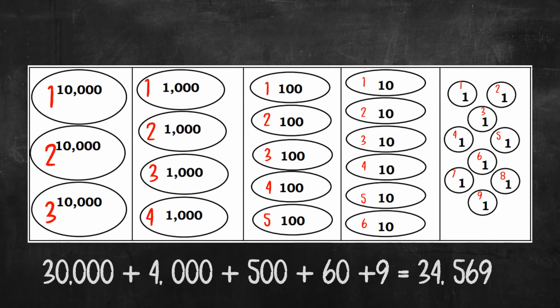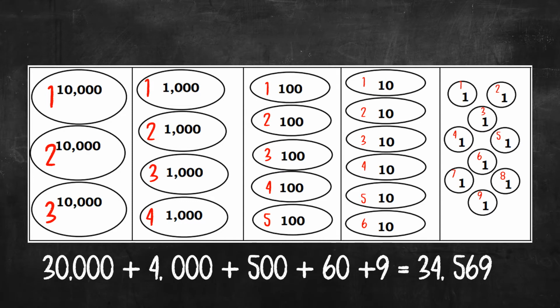It can be expressed as 30,000 plus 4,000 plus 500 plus 60 plus 9. It is called the expanded form, or it is read as 30,569.